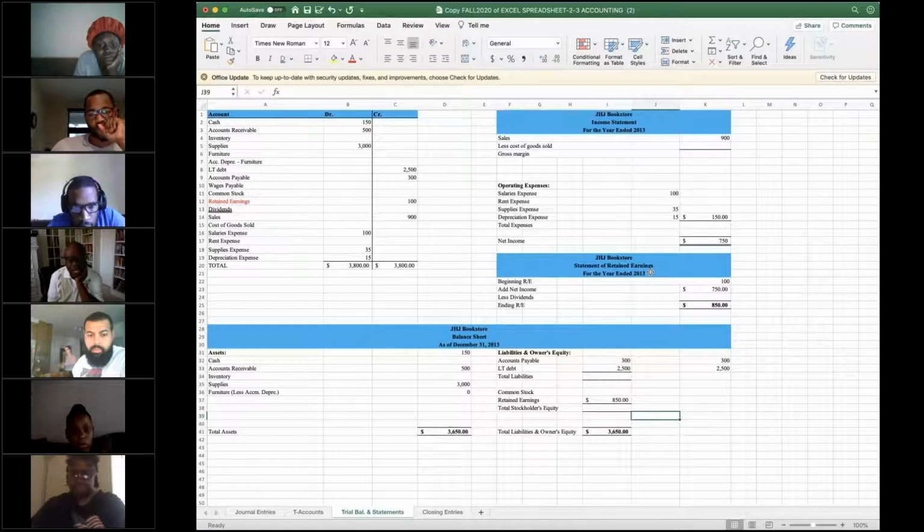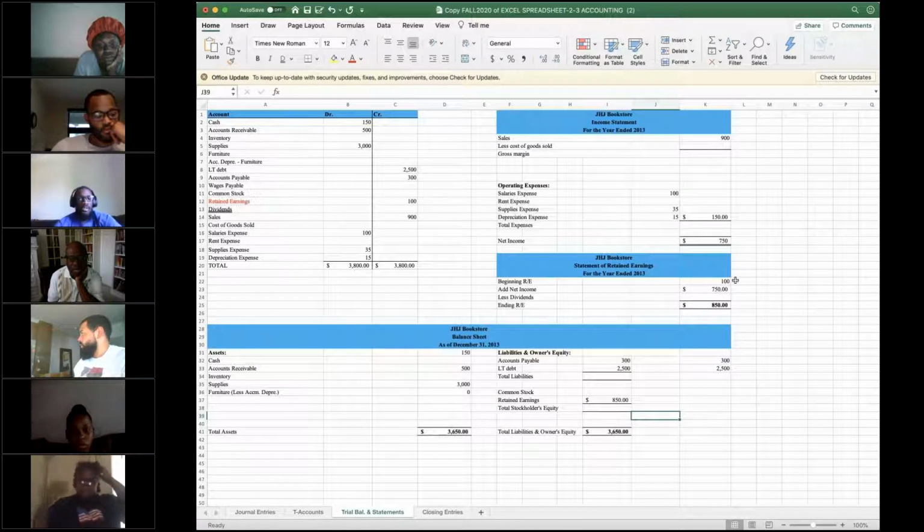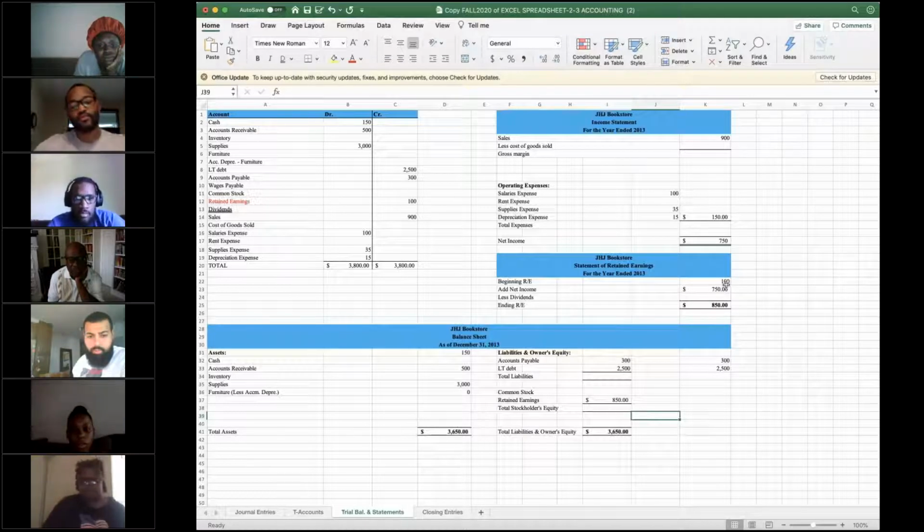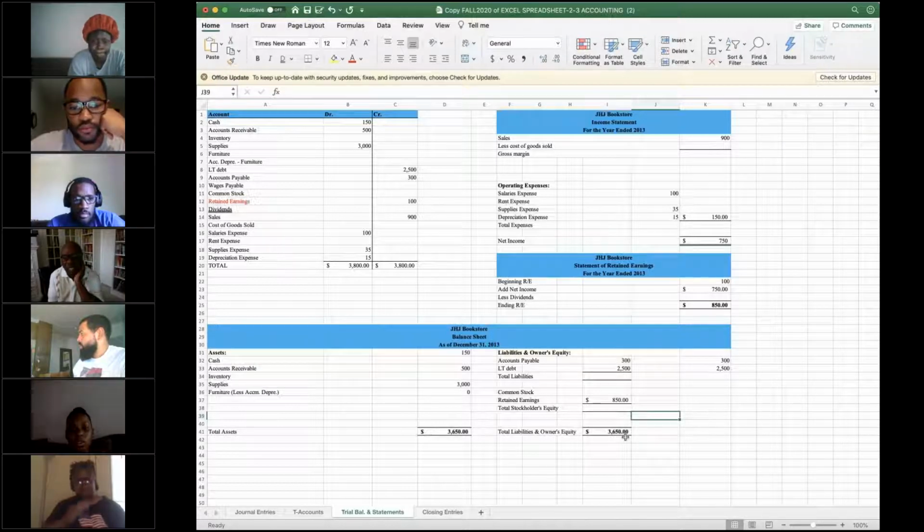Then the ending retained earnings that is going to go on that balance sheet is beginning plus net income, and we didn't have any dividends, so 850. Then you pick up these other items plus the new retained earnings, not the old one, but the new one from here. So this one comes down and you have a balance sheet.